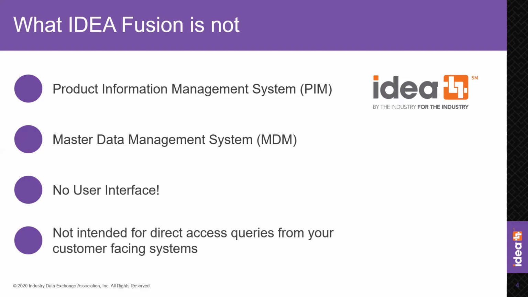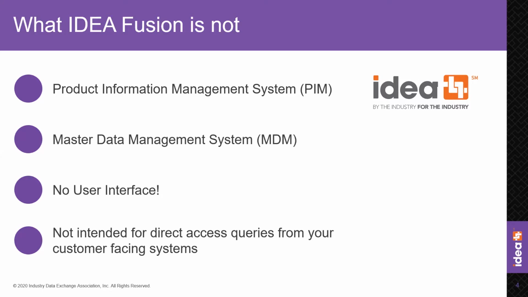Fusion is not intended to plug in your web storefront, for instance. So when an end user goes and clicks on a catalog number, it reaches out to Fusion for data. It's not hosted with that concept in mind. It's intended for you to use internally.